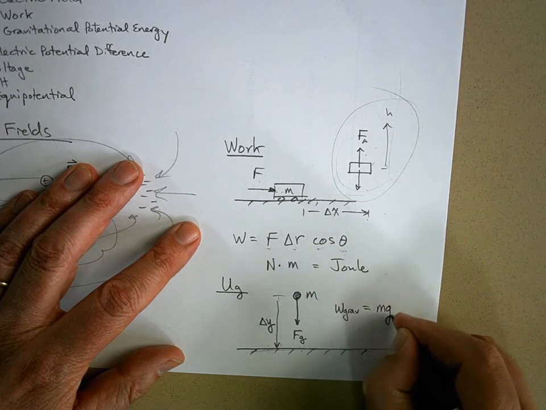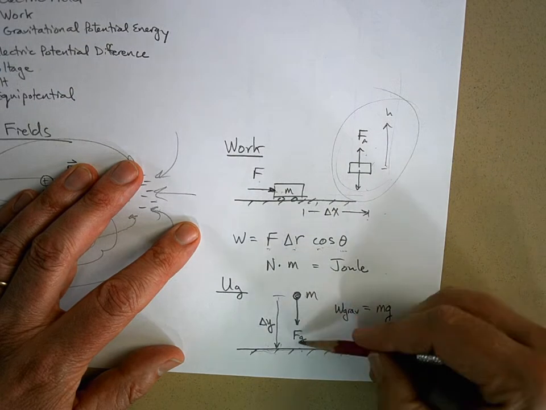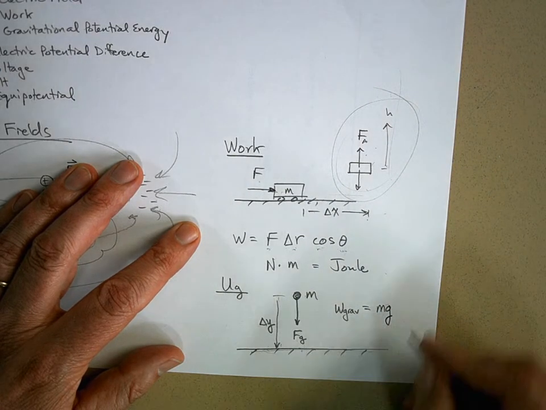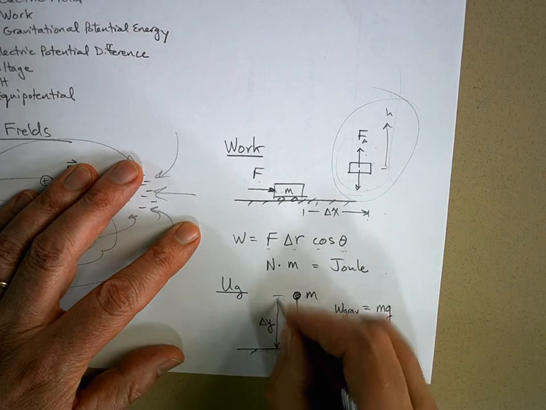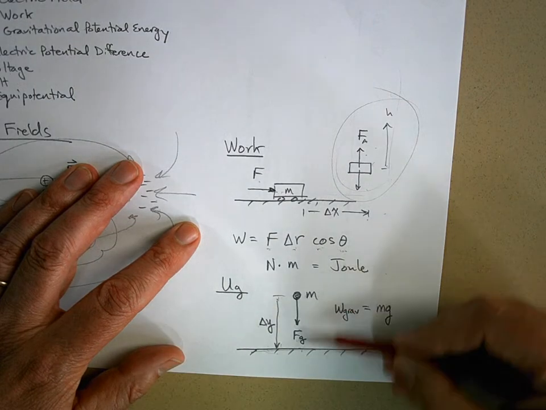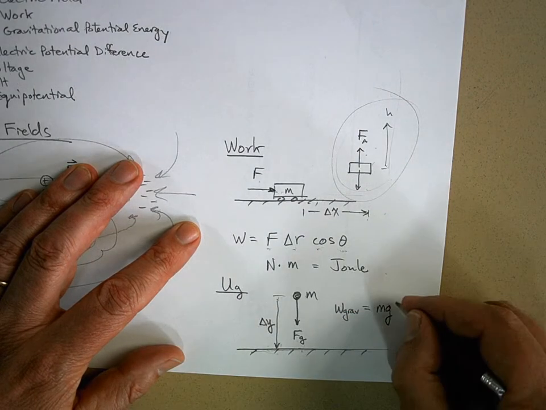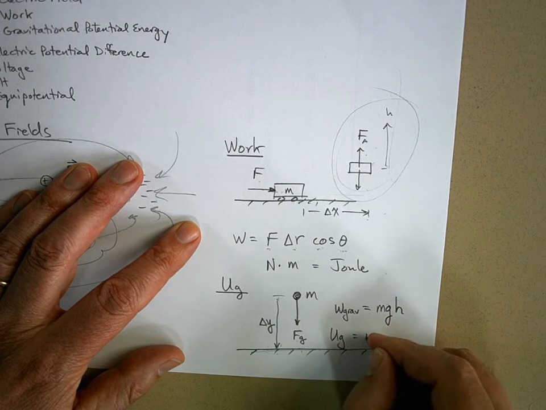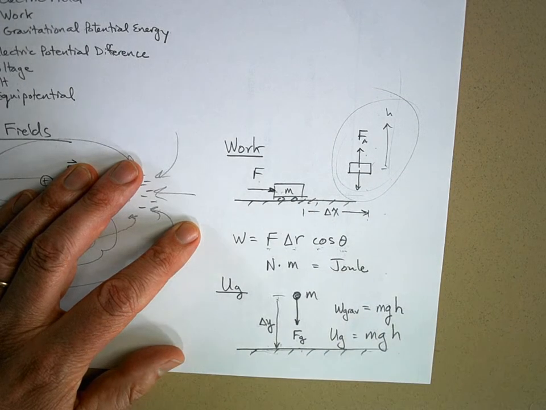It's the mass times the gravitational field times delta y. But delta y really is my height above the reference, so we usually call that h. So U sub g equals mgh.